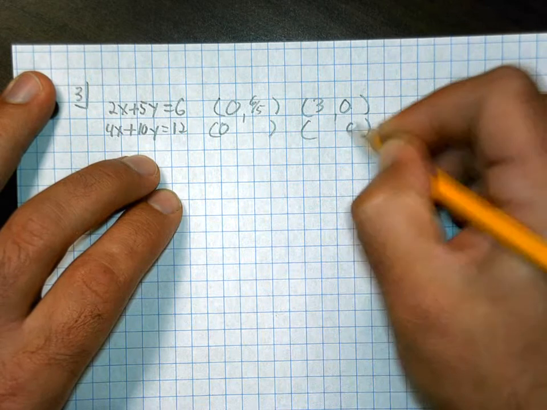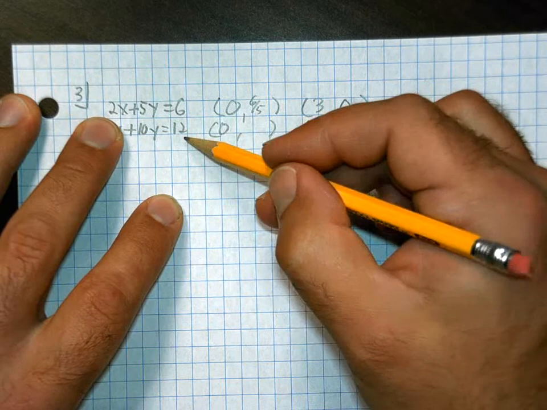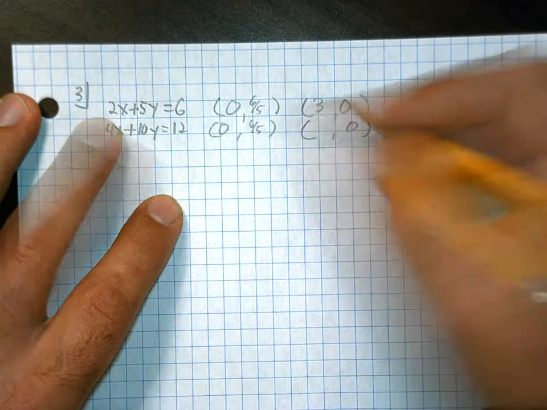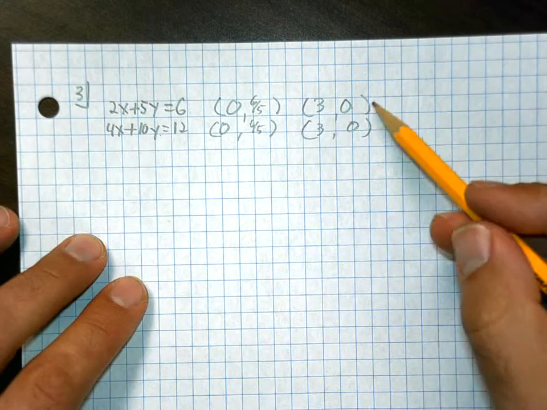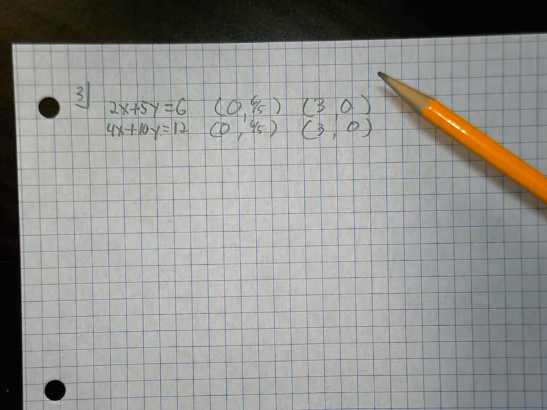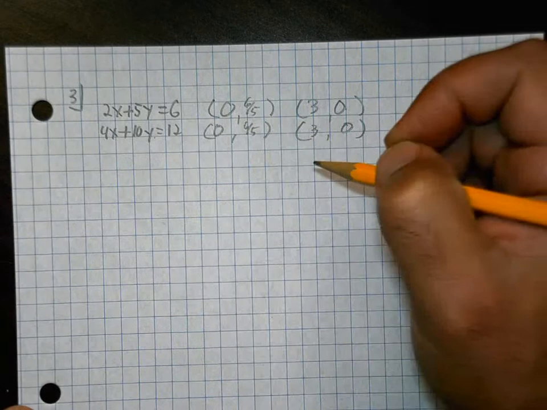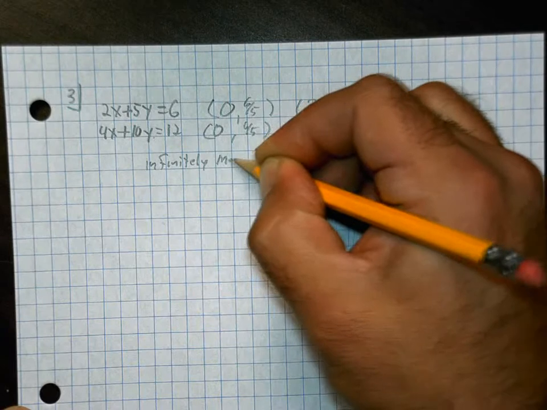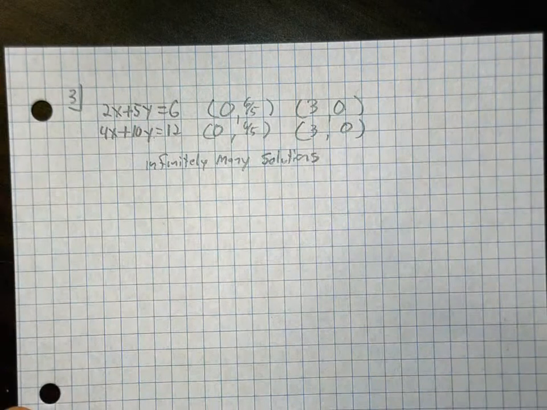Same thing for this one. Find the intercepts here. Plug 0 in for x, I get 12/10, which is also 6/5. Plug in 0 for y there, 12 divided by 4 is 3. What do you notice about this? We have the same intercepts, so if you visualize graphing it, we end up with the same line. So if it's the same line, we have infinitely many solutions. In that case, we don't even have to graph it.